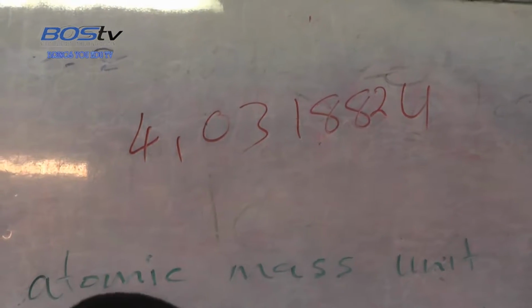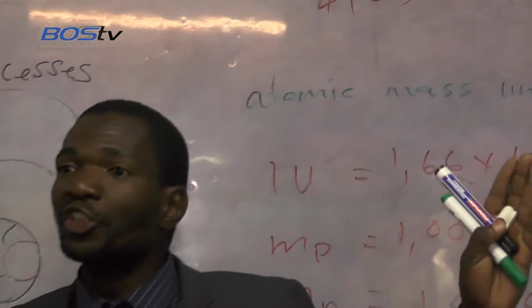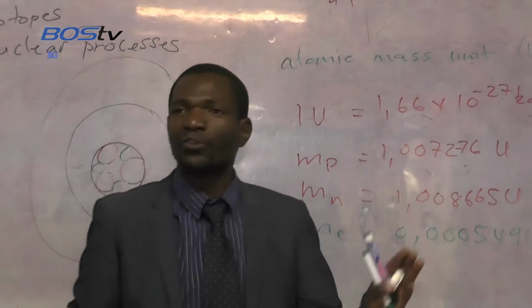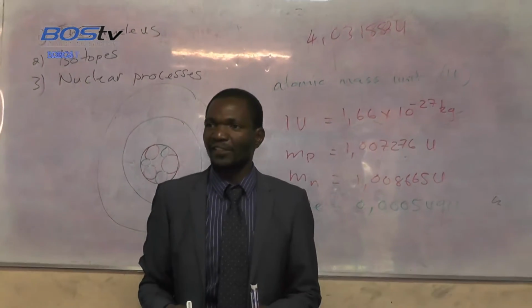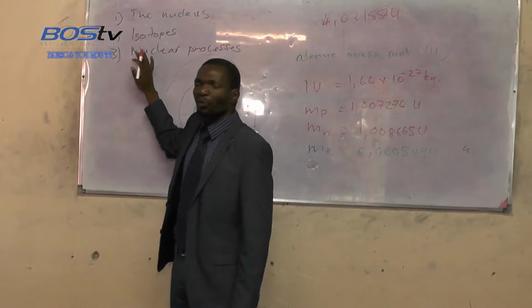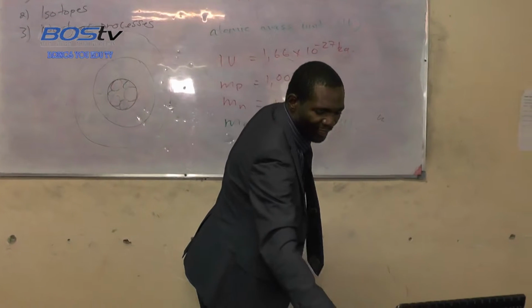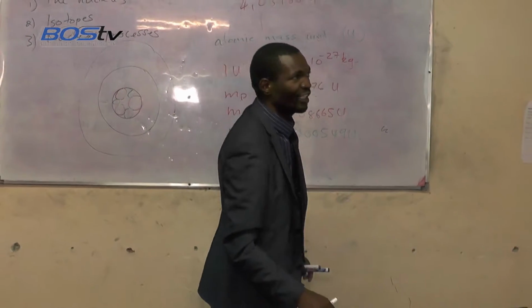But now let me tell you, this is the expected mass according to the constituents of the helium nucleus. But this is not the mass of helium. Are we together? Because mind you, we are looking at the concept of mass defect. So now, let me give you the actual mass of helium.